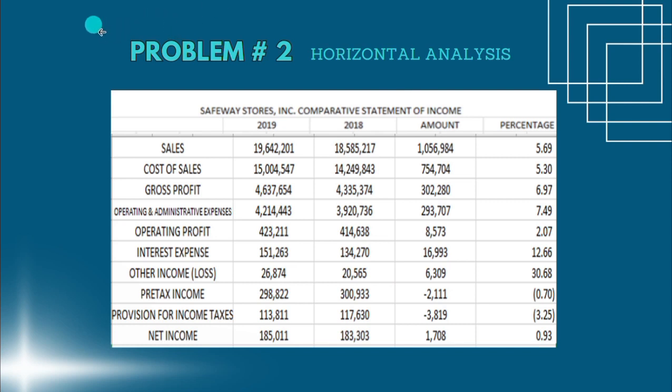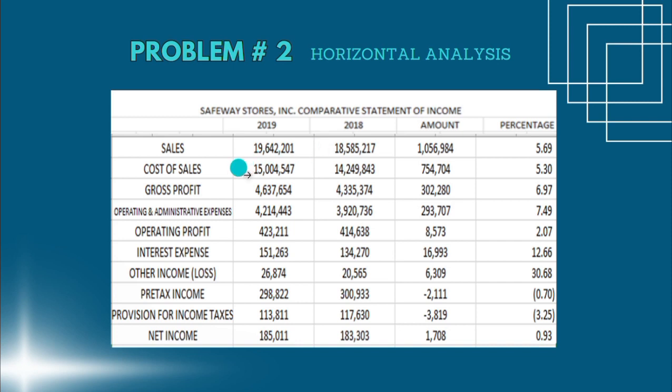For the next slide is the second problem, which is the horizontal analysis of the income statement of Safeway Stores Incorporation for the years 2018 and 2019. They have 19,642,201 sales in 2019 and 18,585,217 sales in 2018.